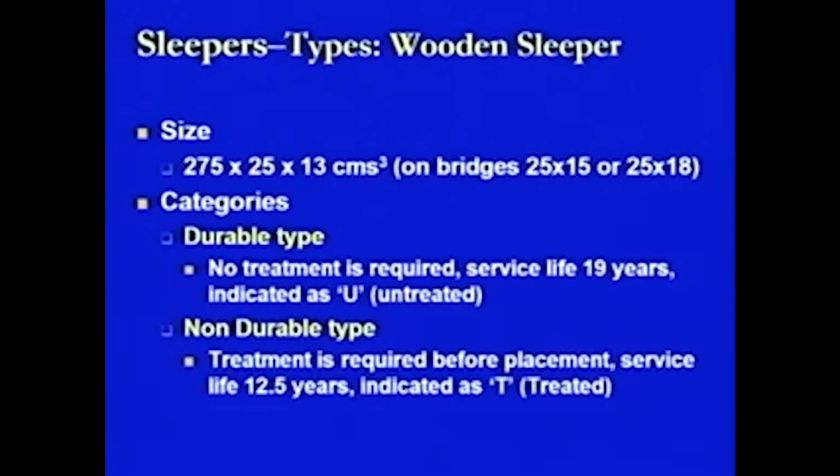The other one is the non-durable type of sleeper, where treatment is required before placement, and obviously they have a shorter service life, which is around 12.5 years, and they are designated as T. So, T and U indicate treated and untreated conditions respectively.